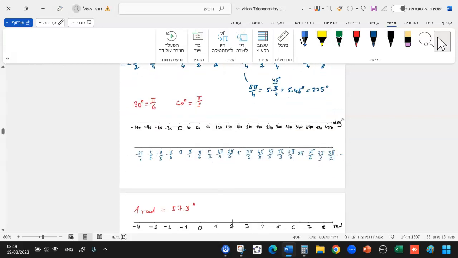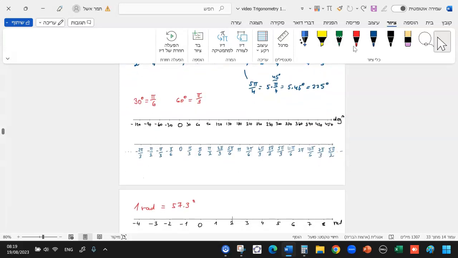Let's look at another example. Converting 300 degrees into radians. We can write 300 as 5 times 60. That is 5 times pi over 3. This is 300 degrees in radians.